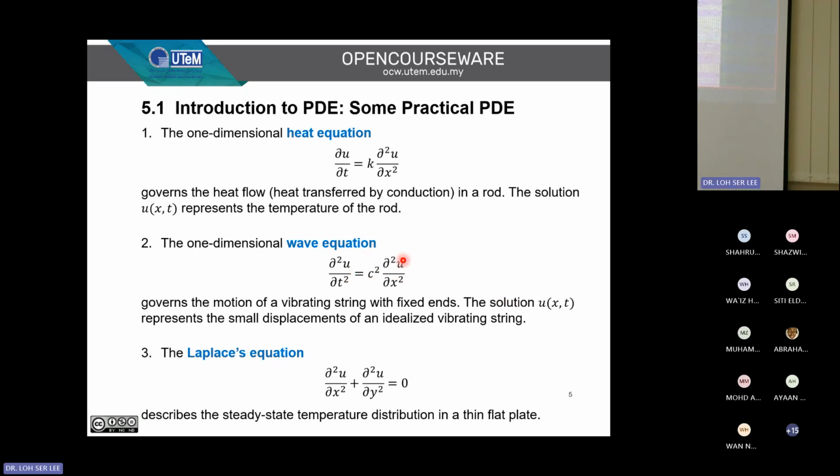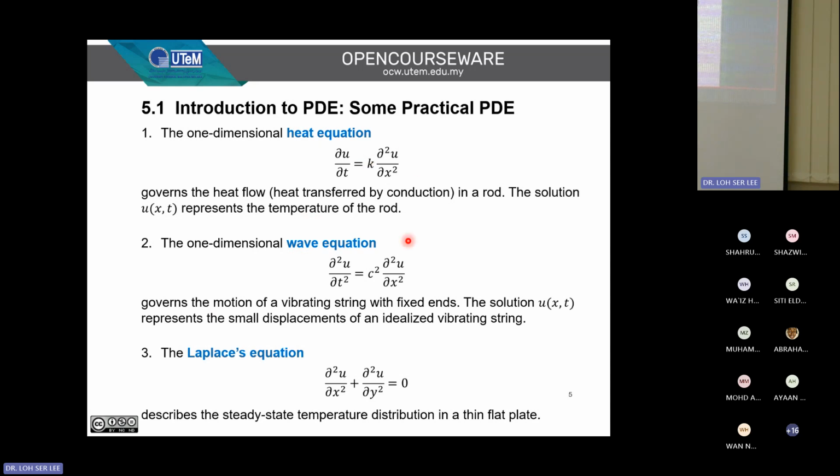The solution is also u, but here it represents the small displacement of point x at time t. This displacement is the vertical displacement from the x-axis to the point. I will explain more when we get to the wave equation topic.